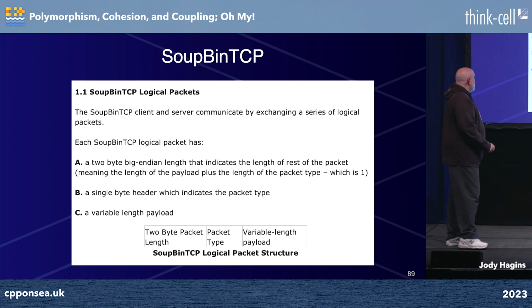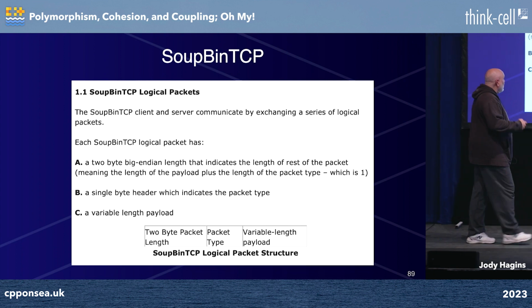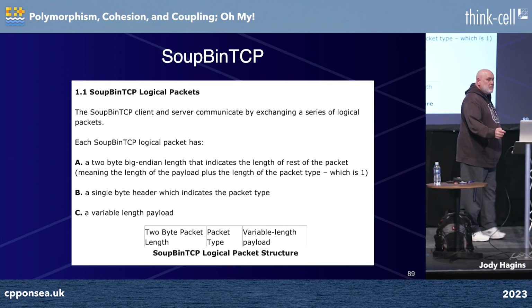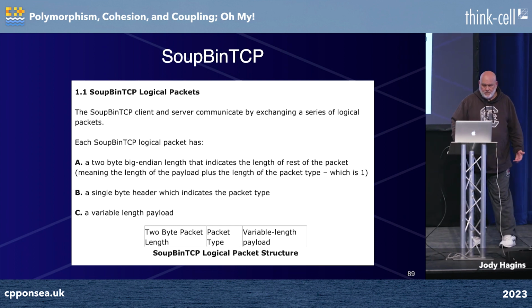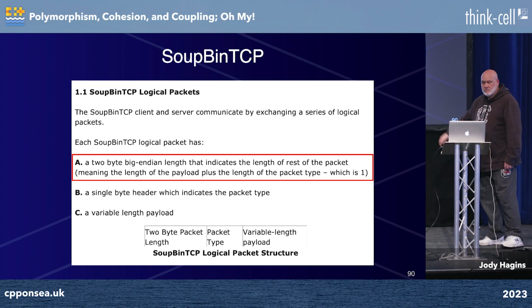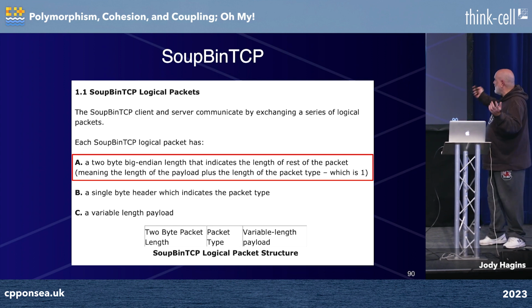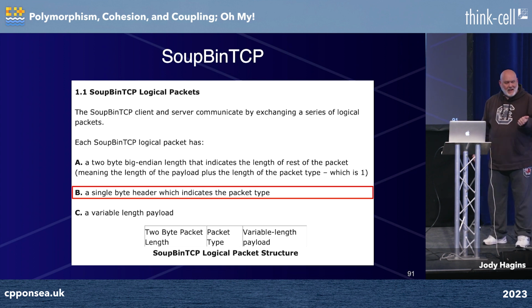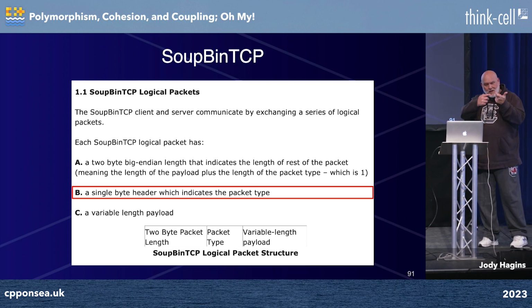So the SoupBinTCP client is what you implement in order to read these messages. It has a 2-byte big endian length that basically tells you how long the message is. It has a single byte header, which indicates the packet type. So it's got 2 bytes that tell you how many bytes are coming.